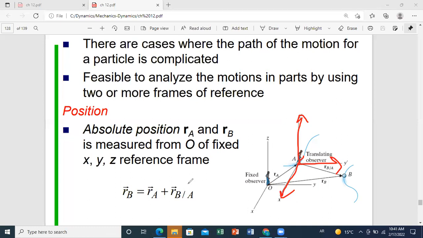So now I have related positions of B measured in a fixed frame and a moving frame. And now, if I derive this relation with respect to time, I can relate velocities. When you derive RB with respect to t, you get VB. And this velocity is measured in which frame?